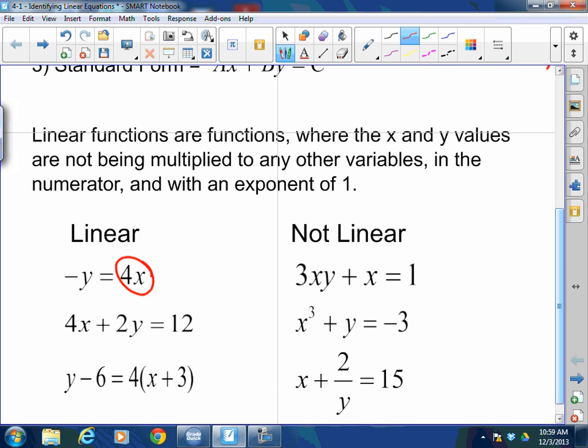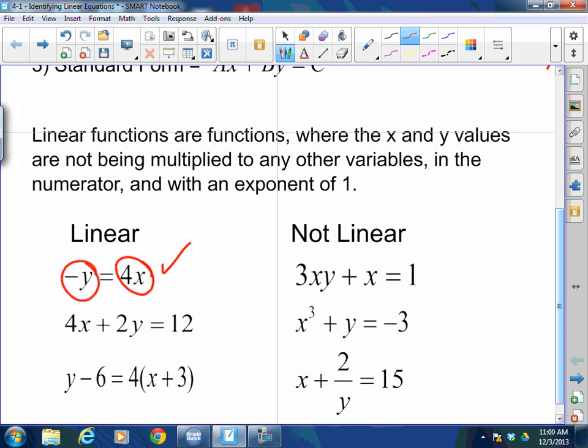Is y being multiplied to another variable? No, it is not. What is the power of y? 1. What's the power of x? 1. So it's linear. We're good.